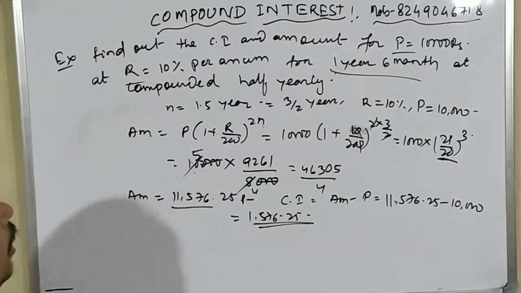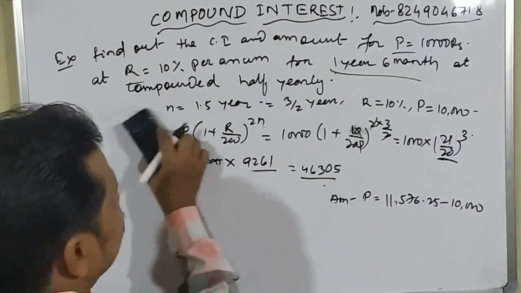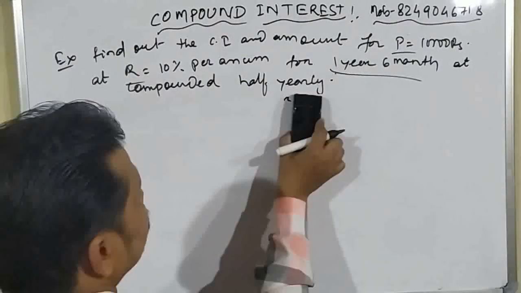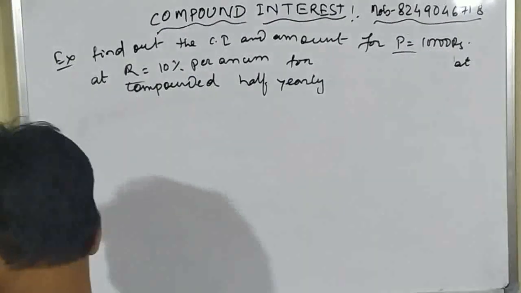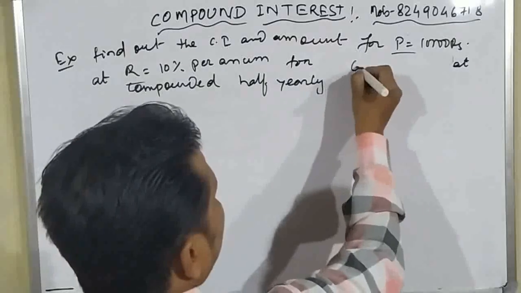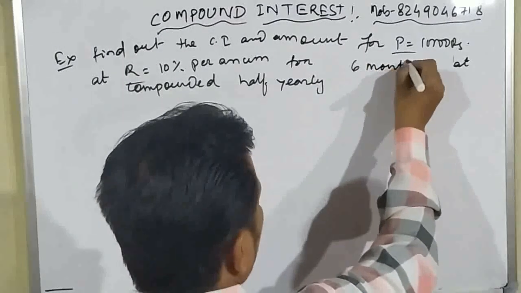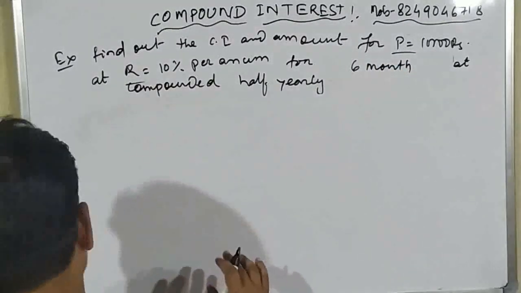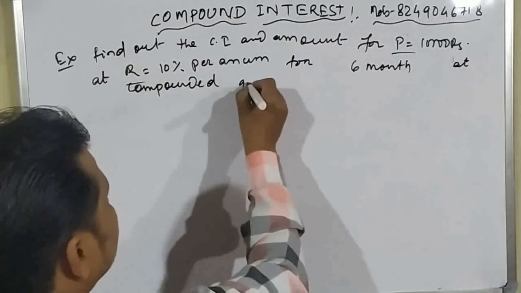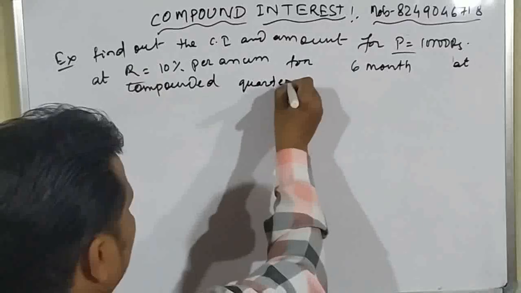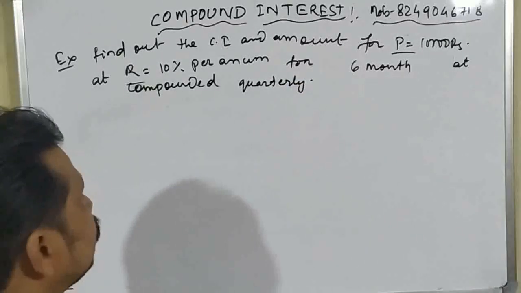Now another question we will do here by changing these things. For 6 months and compounded quarterly. If the question is given as compounded quarterly, okay student?